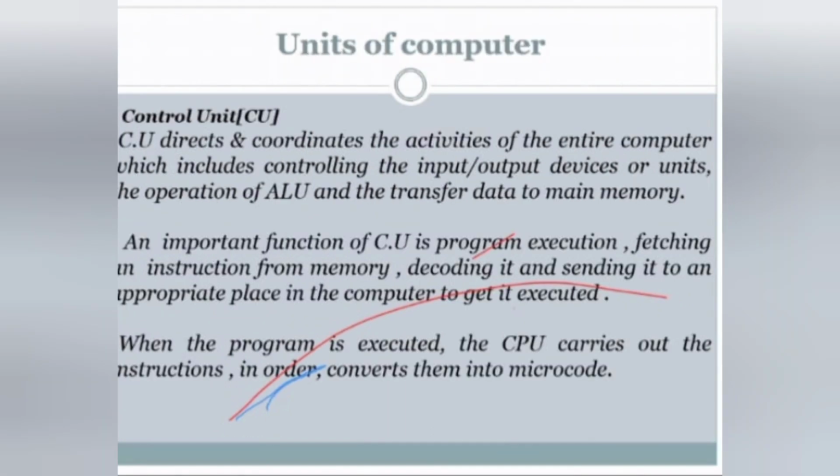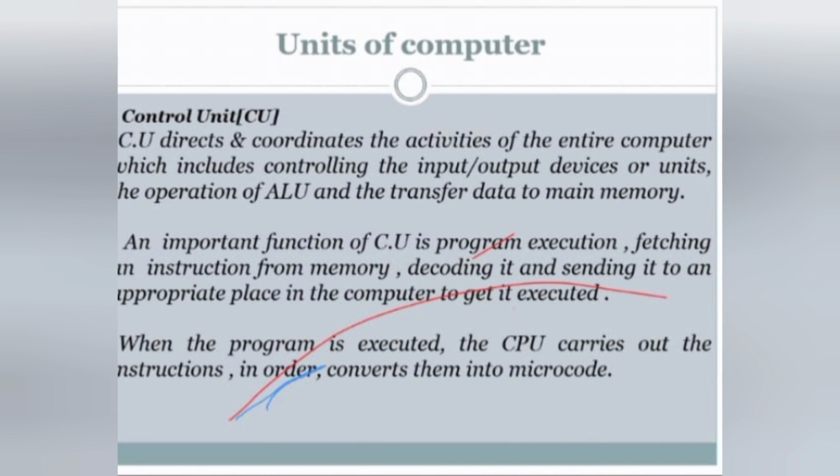And the next one is the CU, the control unit, which helps to direct and coordinate the activities of the entire computer, including controlling the input and output devices or units. It also helps the ALU and transfers data to main memory.